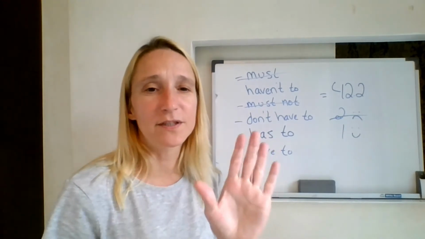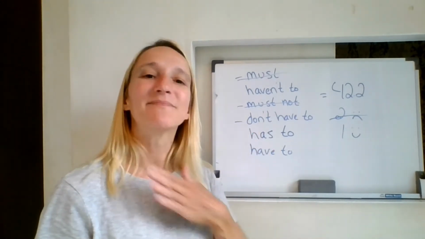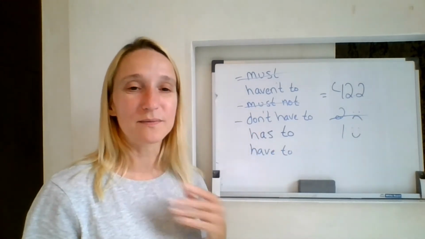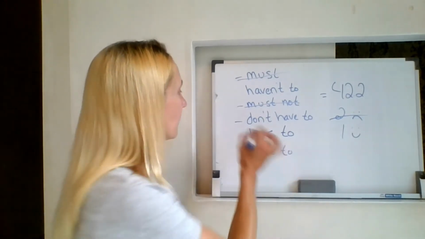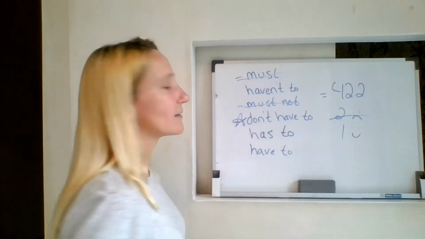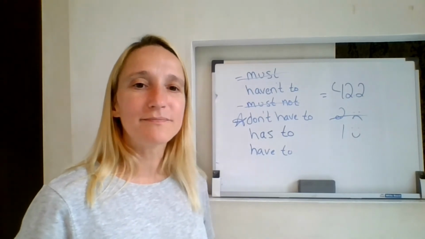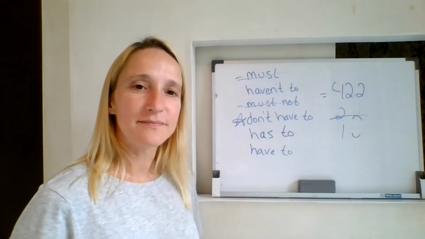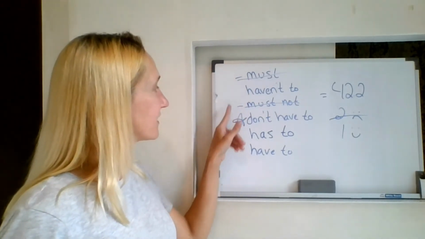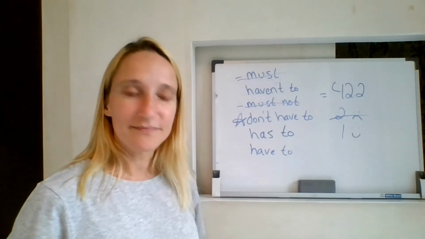You don't have to make an appointment. I'll do it for you. And now we have the correct answer. You don't have to make an appointment. I'll do it for you. Do you see the difference and what to do?